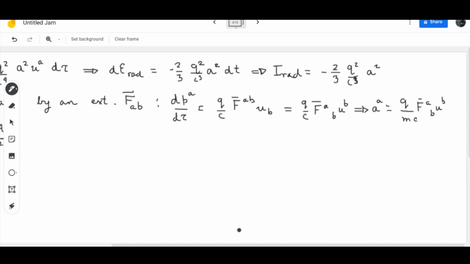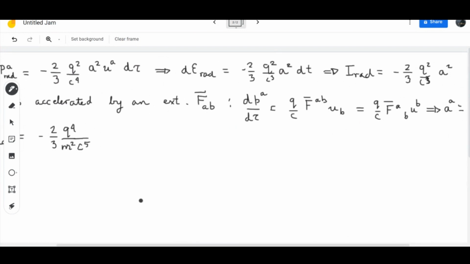There's a c cubed, so you get this quantity, q fourth by m squared c fifth, times F bar ^A_B U^B, and I shall have another F bar because I'm taking the square of this quantity, A_C U^C.